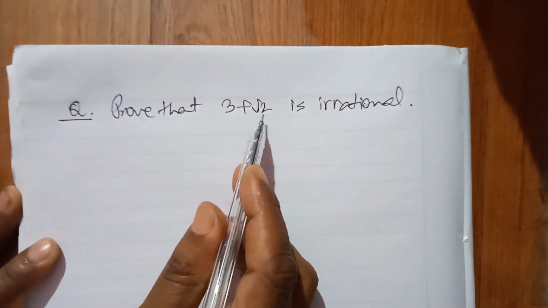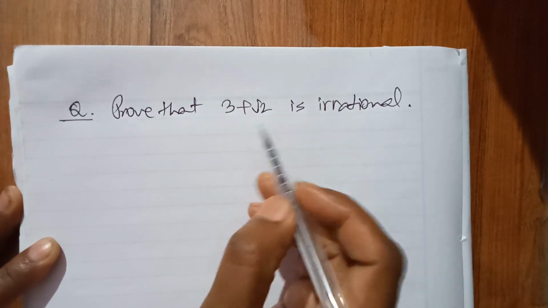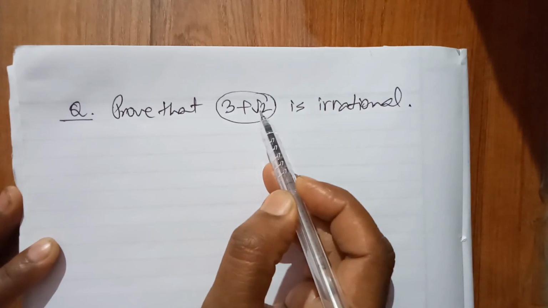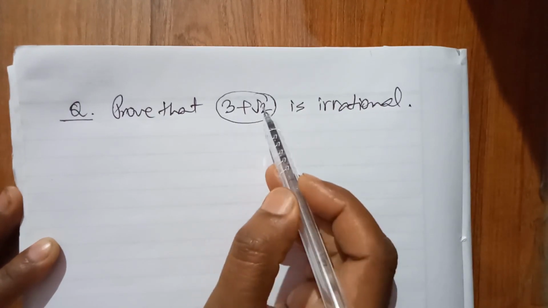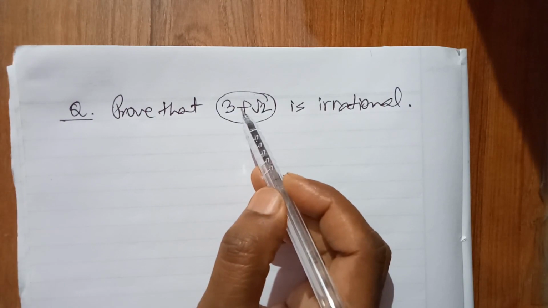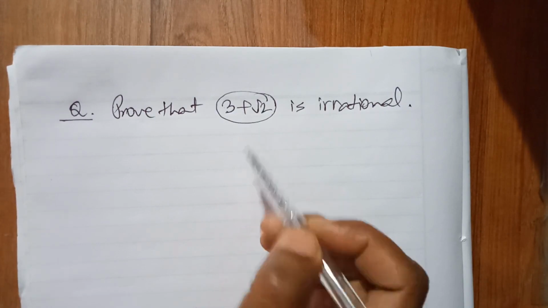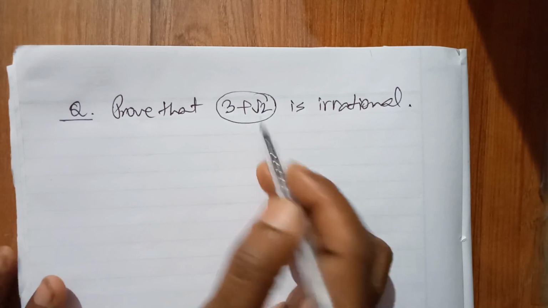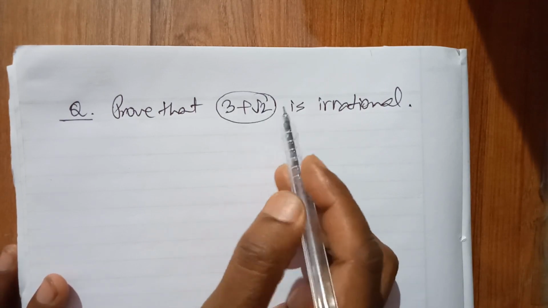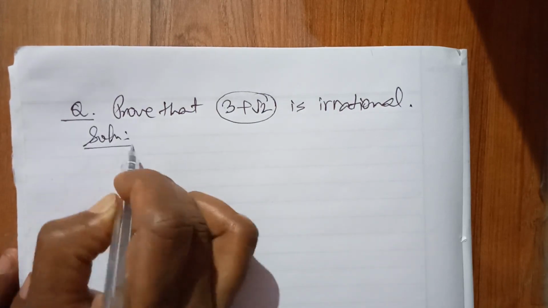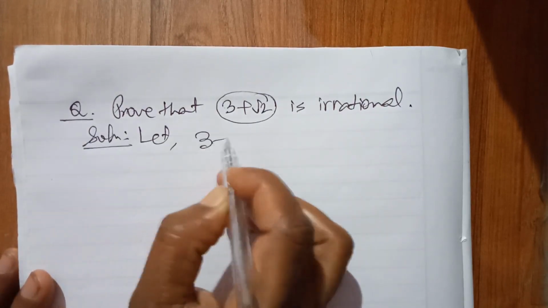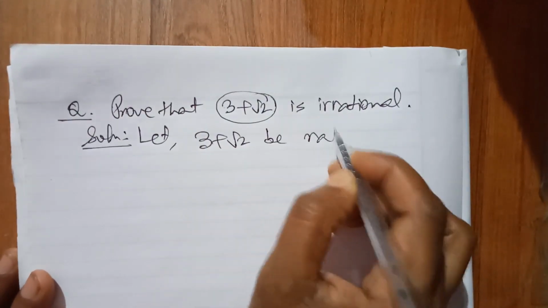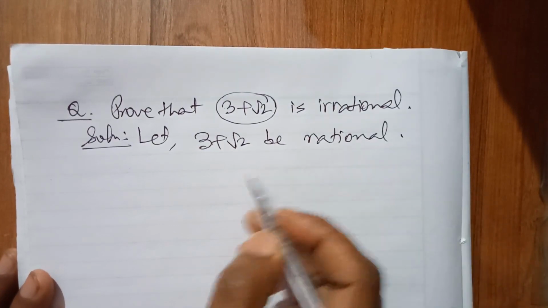The question is: prove that 3 plus root 2 is irrational. Here also it is a combination of a rational part and an irrational part, combined with a plus sign. So here also you can prove it is irrational, but the method will be the contradiction method. First you have to assume that this is a rational number. Let 3 plus root 2 be rational.